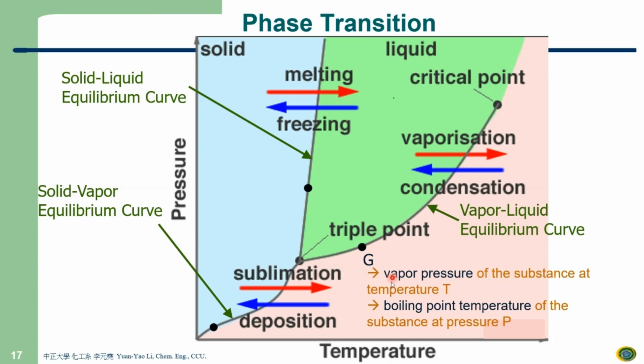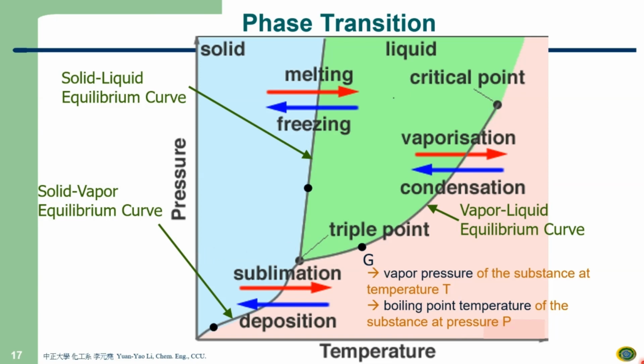The first one is the vapor pressure of the substance at temperature T. You want to state the pressure here at temperature T. Or you can address the temperature by pressure: the boiling point temperature of the substance at pressure P.